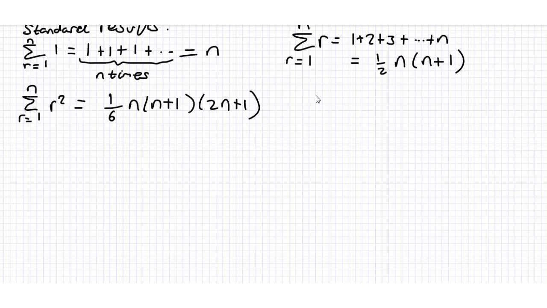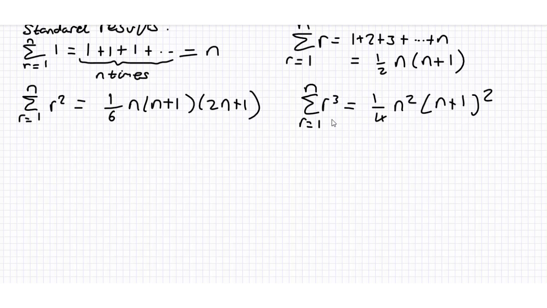And then finally we have the sum of the cubes, and I believe the sums of the squares and the cubes are in the formula booklet, but I'll be sure to double check that. That's 1/4 n squared times n plus 1 squared. So you can see how these are nice and convenient, because whatever value we pick for n for these particular sums of sequences, we can just plug that in and get the result instantly. We don't have to add up 90, 100, 150 terms, you know.